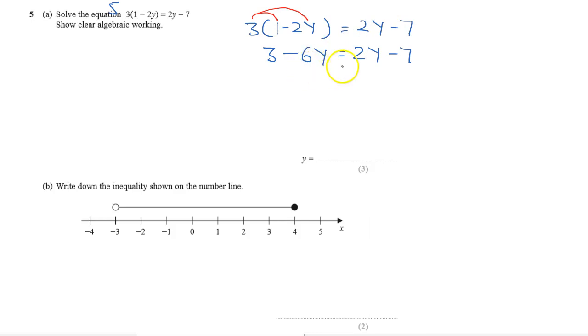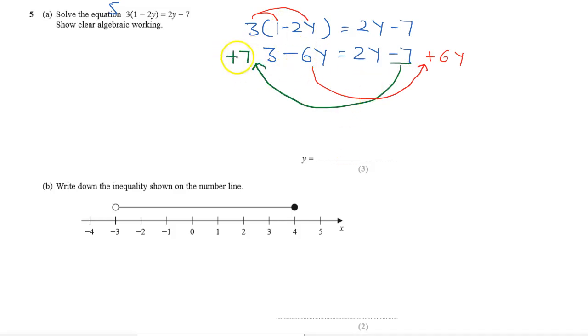Now the terms having y, let's take on one side, and the numbers on another side. So this is 6y. If this goes here, it will become plus 6y. And this is minus 7. When it comes here, it will become plus 7.